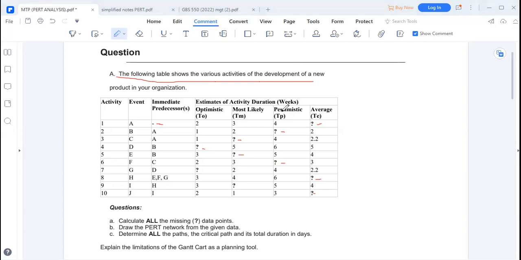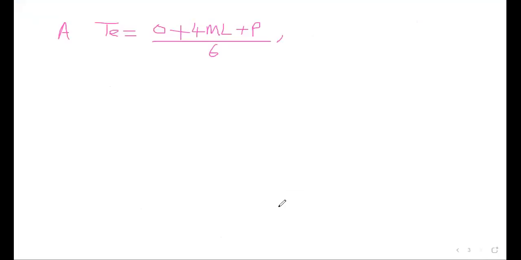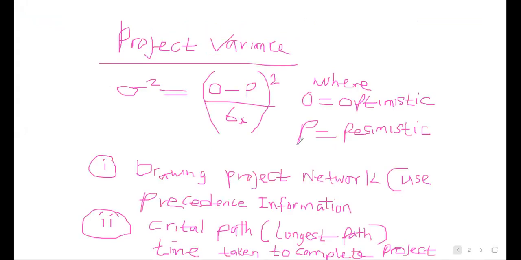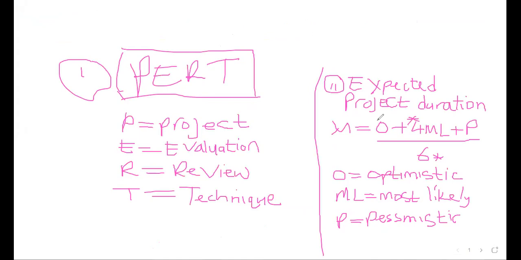For B, it has been given already, they're calculated. These ones are already okay because the time expected is the same as the mu. Looking at the formula which I gave out, this is the formula to use.